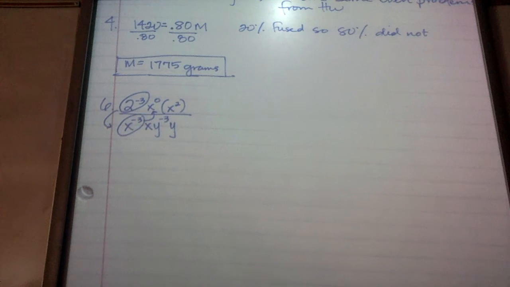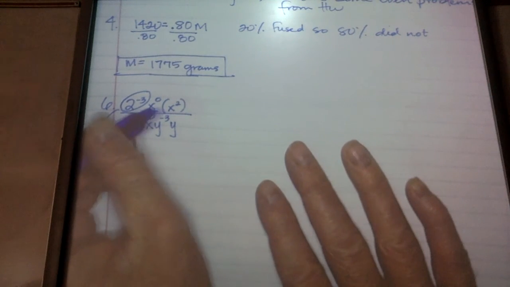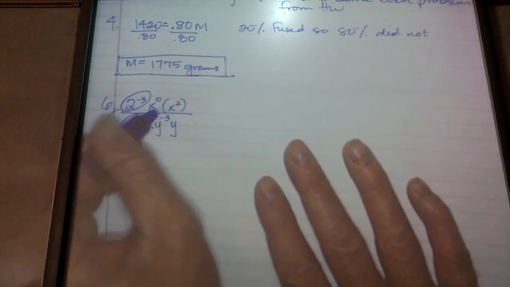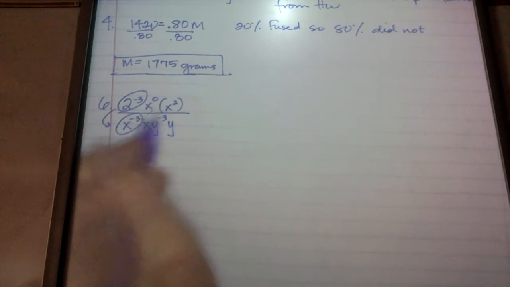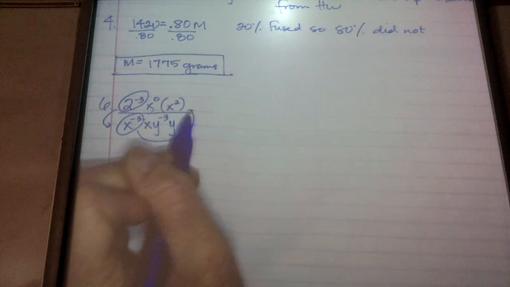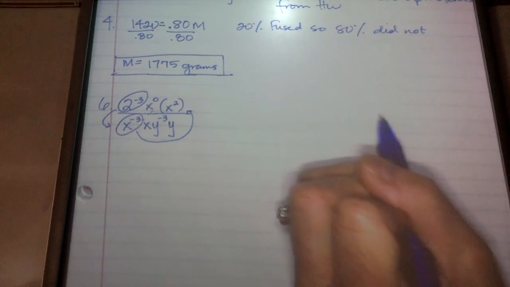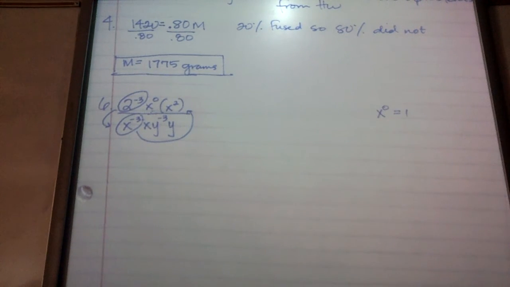And anything that has an exponent of 0 equals 1. Hopefully you remember that, and if you don't, I'm telling you in the video. So x to the 0 just equals 1, just a side note.